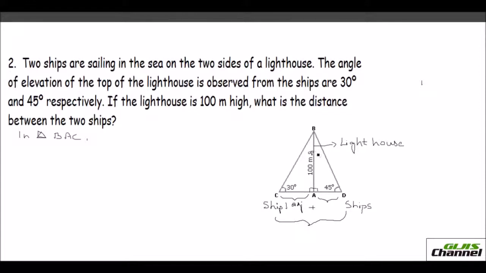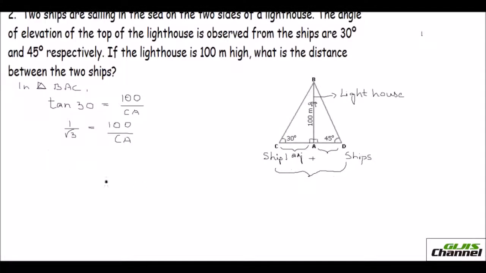So again here I am going to use the tan formula, okay? So I would write tan 30, opposite is 100 over adjacent, which is CA. Just write the value of tan 30 here. So that's 1 over root 3 equals 100 over CA.